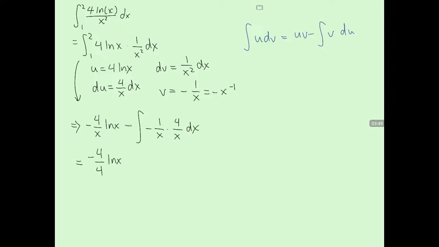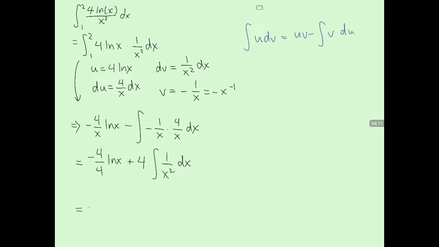These two negative signs just become a positive sign, and we can take the 4 outside. So all we get is the integral of 1 over x squared dx, which is just what we already did here.